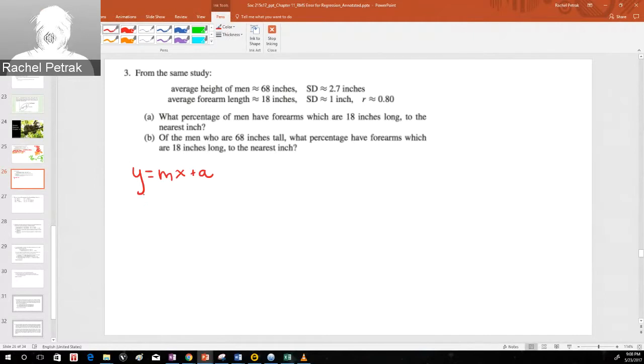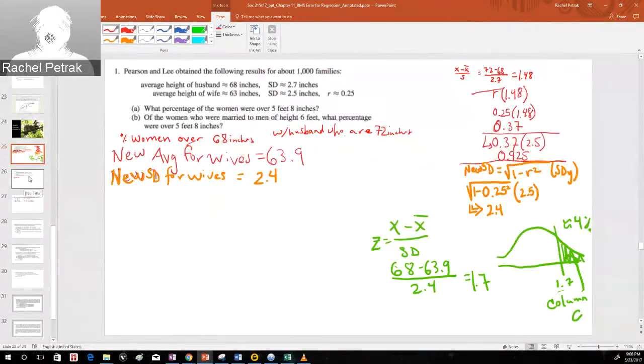We're going to solve this a slightly different way, but I'm just highlighting for you that we're used to just predicting y based on other information. But now we're not quite going the other way, but we're just looking at a specific predicted value, like in the previous problem, and we want to know what percentage has that score.